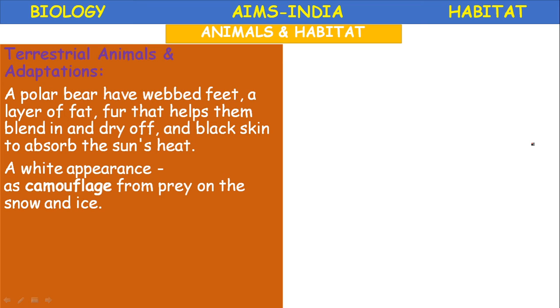A white appearance, what you call camouflage, from prey on the snow and ice. This camouflage helps them to catch the prey. They mingle themselves with the surroundings.